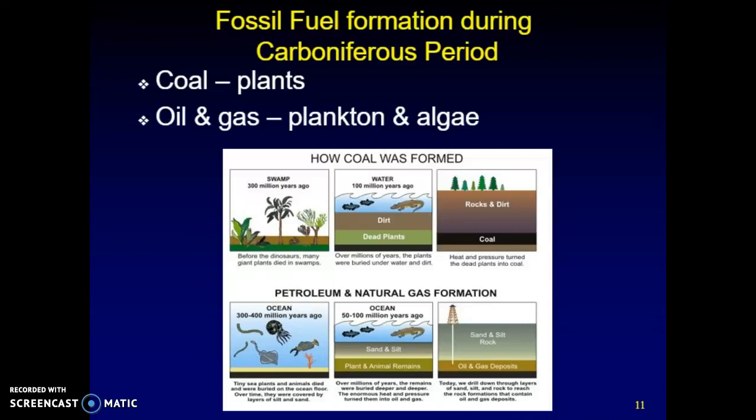It did not decompose. That's the key to form coal. You have to die, get compressed, but don't rot. And then as that compression continues to happen, heat and pressure continues to compress the dead material into coal. It takes hundreds of millions of years of pressure and heat to compress dead organic material into coal.